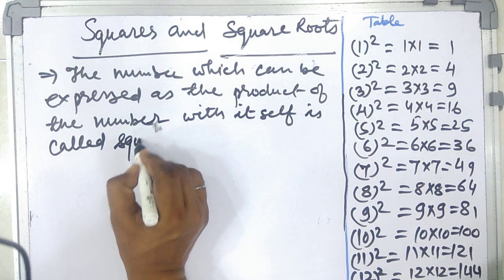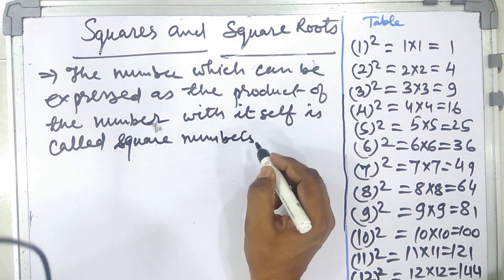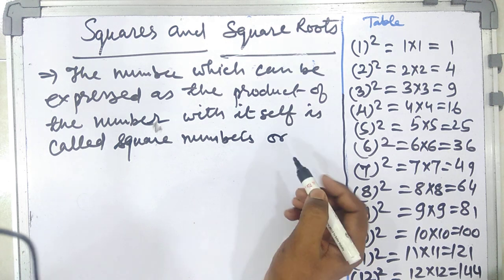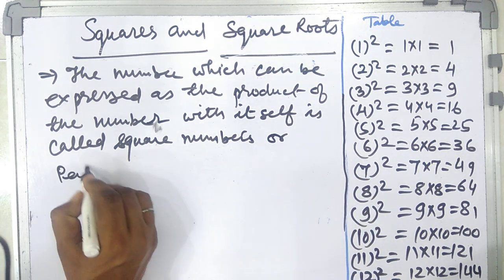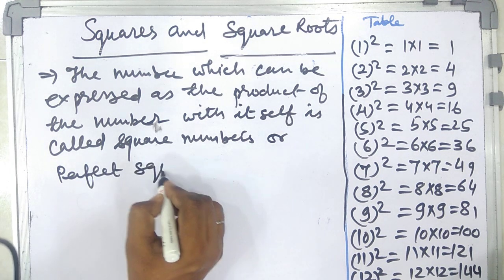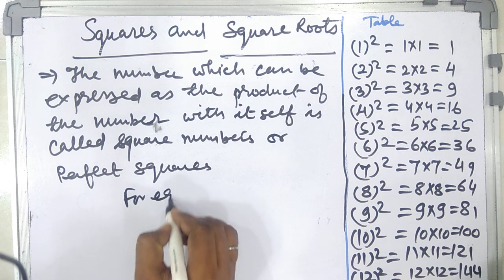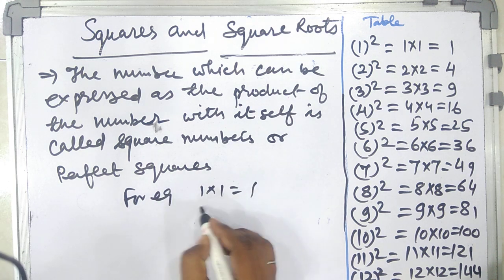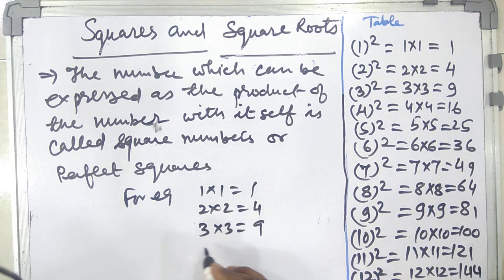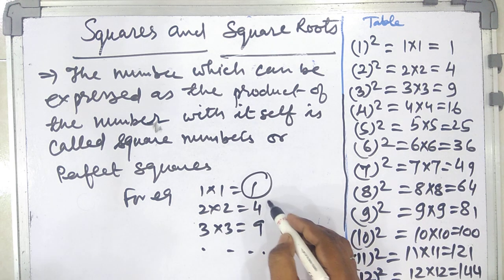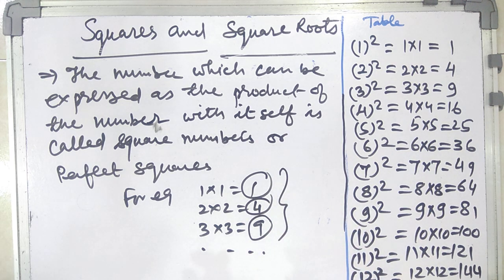Square numbers are perfect squares. For example, 1 into 1, 2 into 2 is 4, 3 into 3 is 9, and so on. These are the perfect squares or square numbers, students.